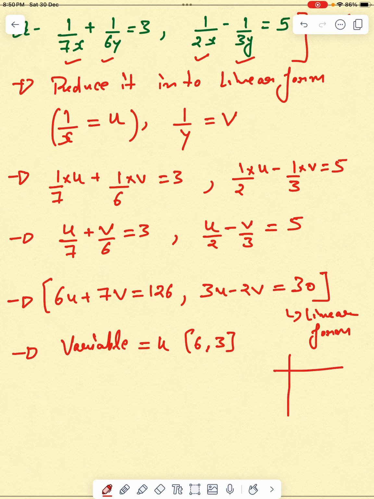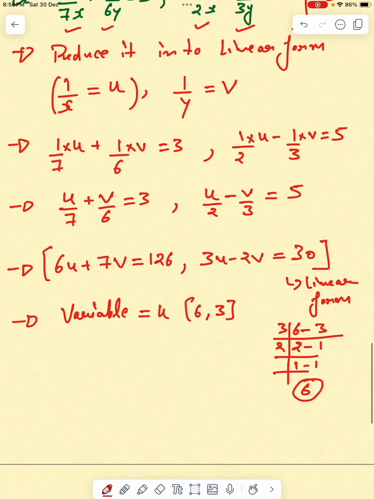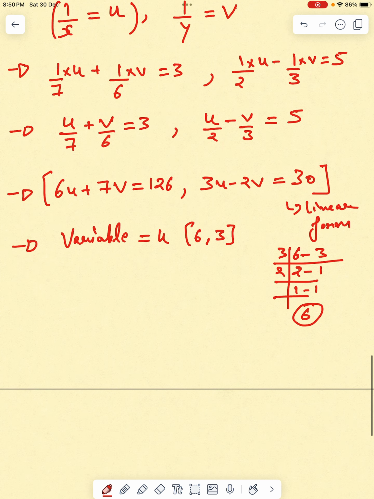It will be 6. Okay, so what will we do? Now make the coefficients of variable u the same in both the equations.